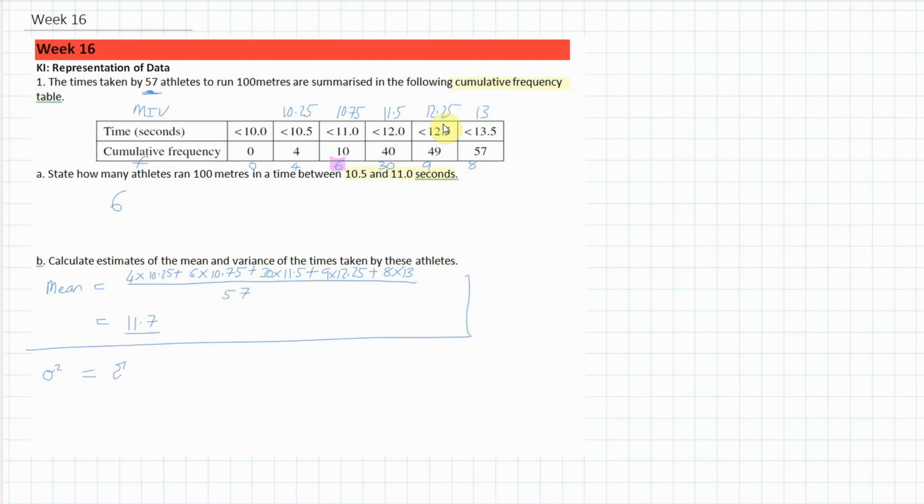obviously the sum of x squared f over frequency minus the mean squared. Okay, so we can apply that over here.